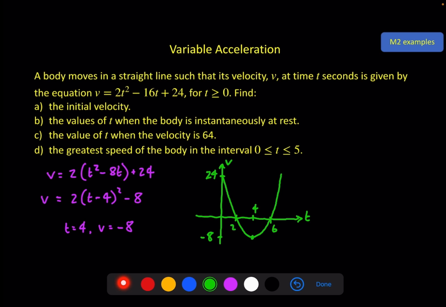Regardless of that, we can see now very clearly that if we cut off at t equals 5, according to this restriction in the question, that's still down here. It hasn't become positive again. So the biggest value in absolute terms is this one here, 24.